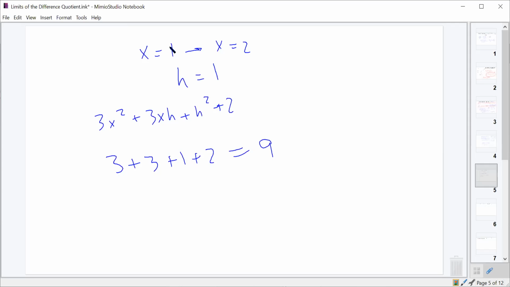And if we're going through the point at 1, the point at 1 was what, 1 comma 2, is that right? Which ought to be y minus 2 equals 9 times x minus 1.